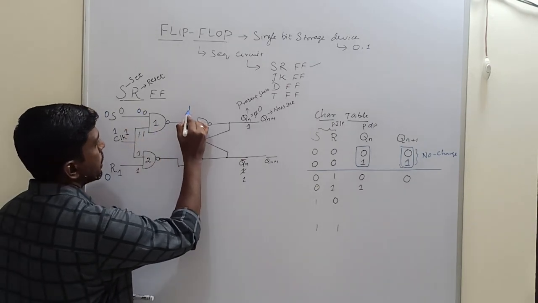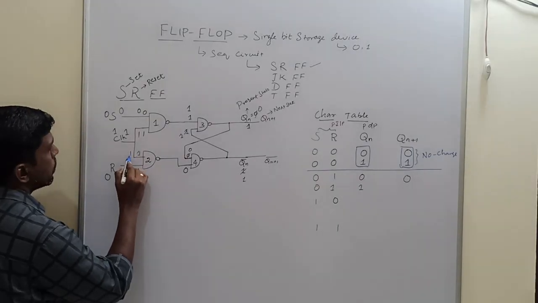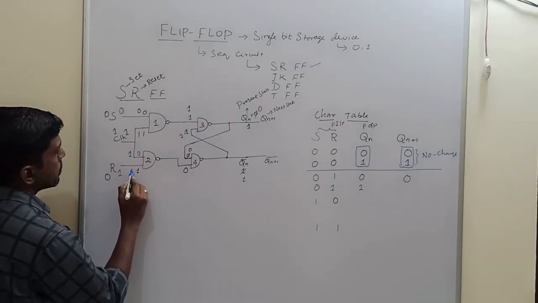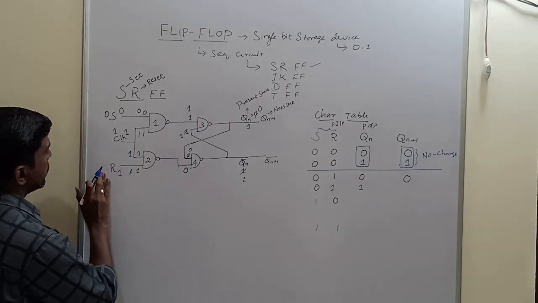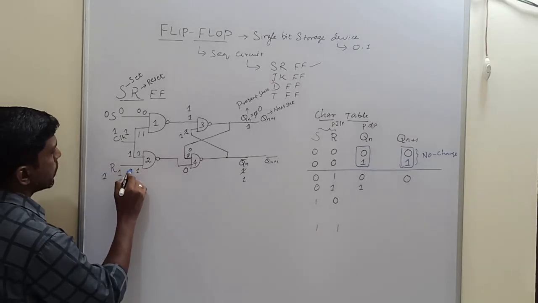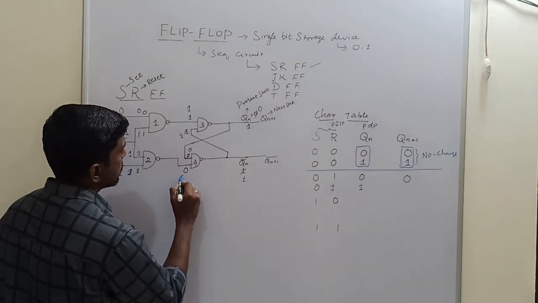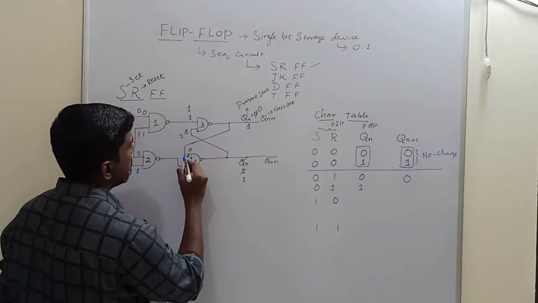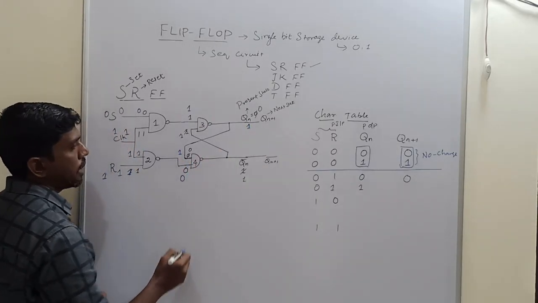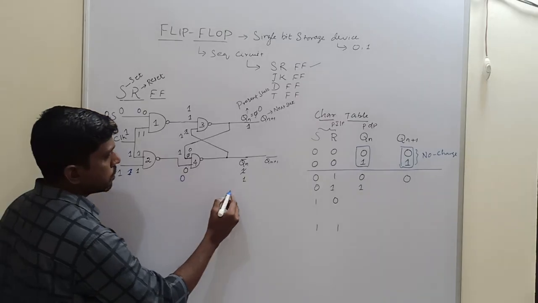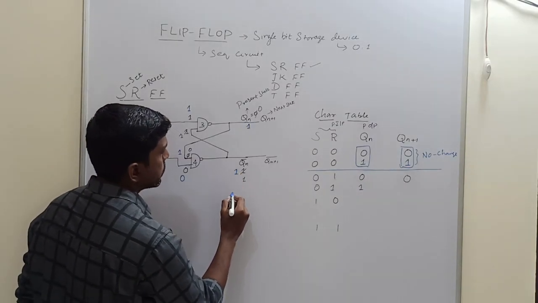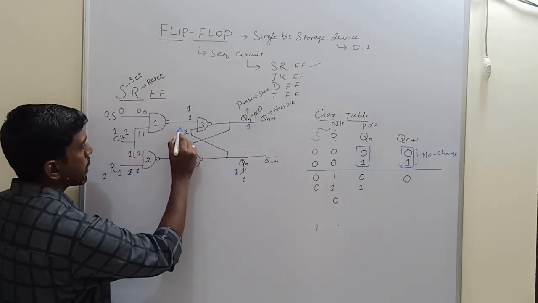Output of the first NAND gate is 1. So here 1, 1. Sorry, R value is 1. So 1, 1. Output of the second NAND gate is 0. So this 1 is given to input of NAND gate 4. So 1, 0, Qn value is 1. So this 1 is feedback to here.